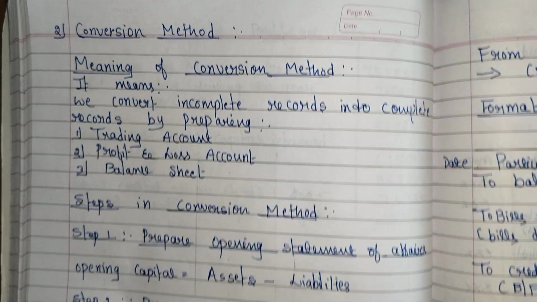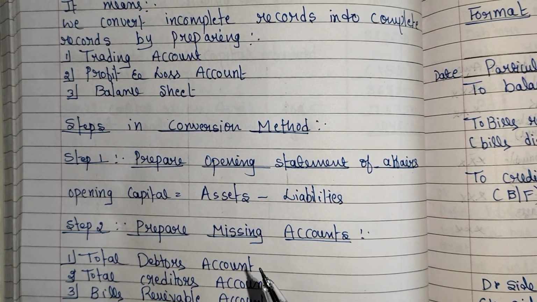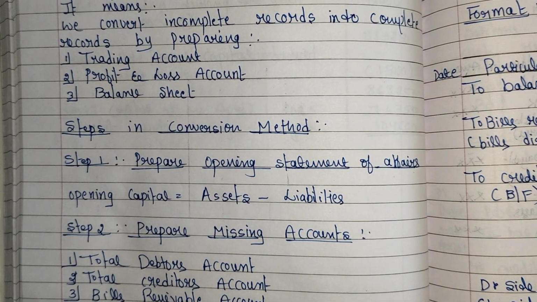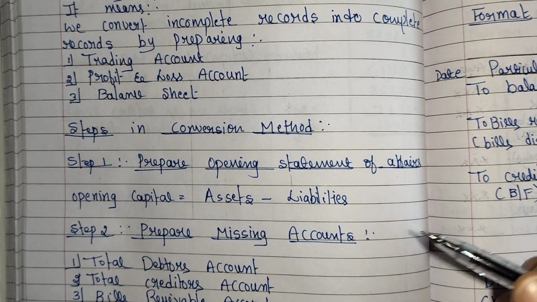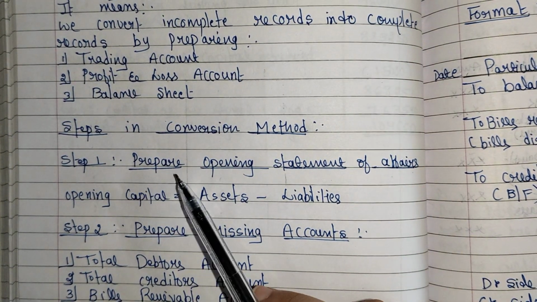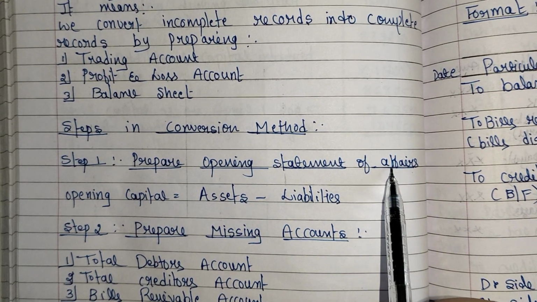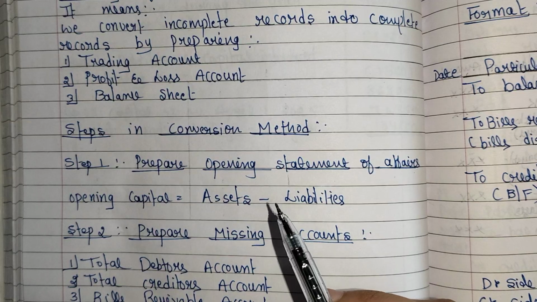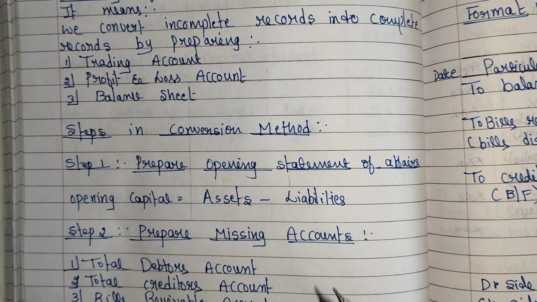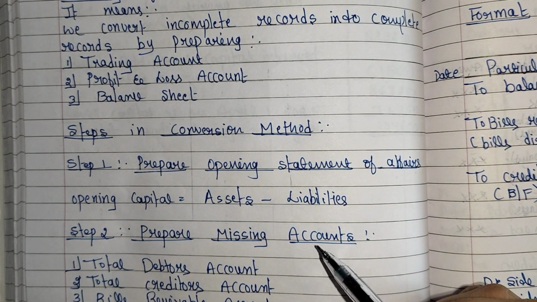Clear? Now let's see the steps in the conversion method, how to calculate the profit or loss. In the first step, prepare the opening statement of affairs to find out the opening capital. Clear?